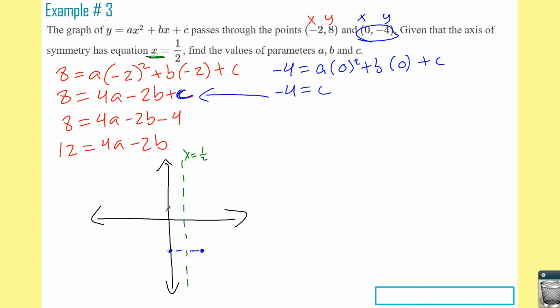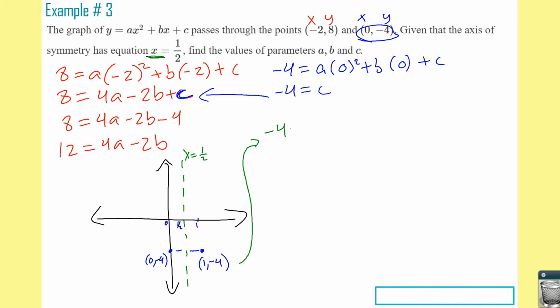If I go from x is 0 to x is 1/2, then the next point has to be at 1, equal distance. So if this is at 0, -4, then this point is at 1, -4. Now I have another point.